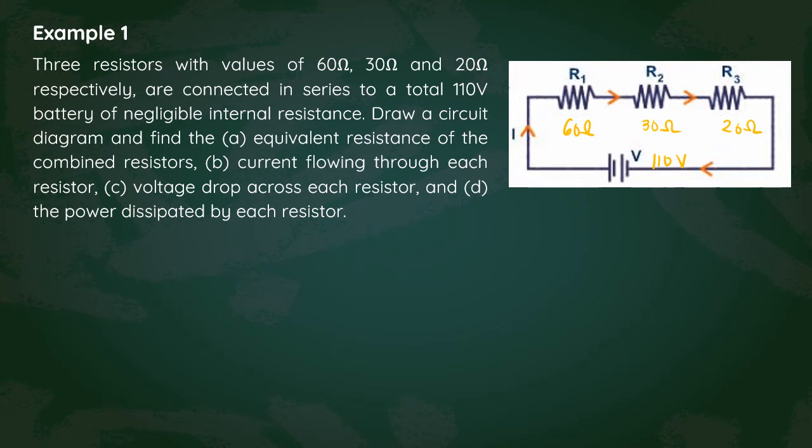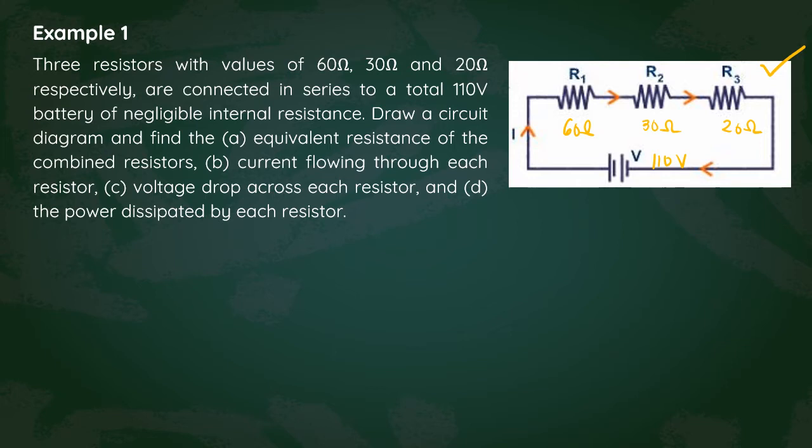So draw a circuit diagram. Here's our circuit diagram. And we will solve for A, equivalent resistance, B, current flowing through each resistor, C, the voltage drop across each resistor, and D, the power dissipated by each resistor.